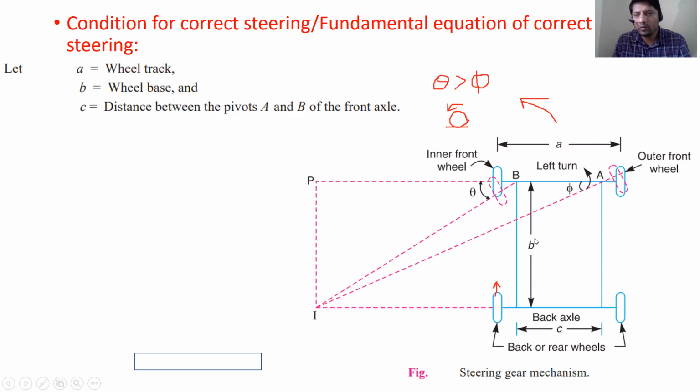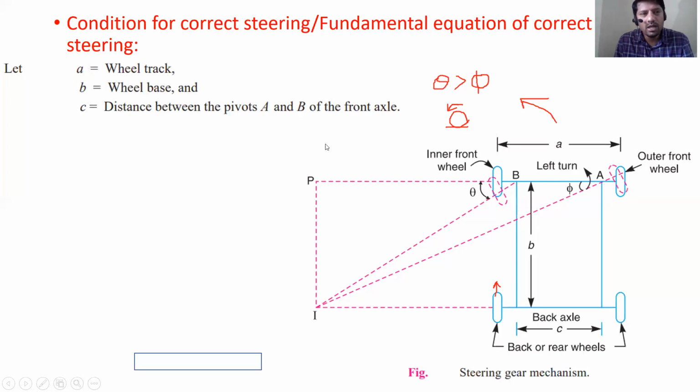This is called the wheelbase. Sometimes if you have read the car manual, all these terms are given there. What is the wheelbase of the car? That decides the length of the car.